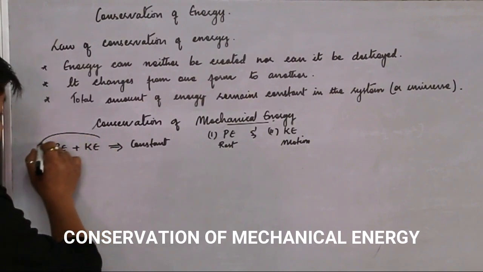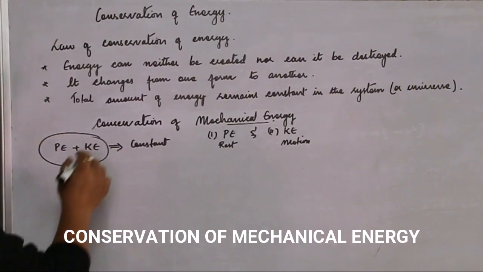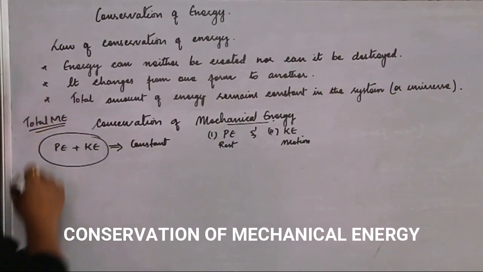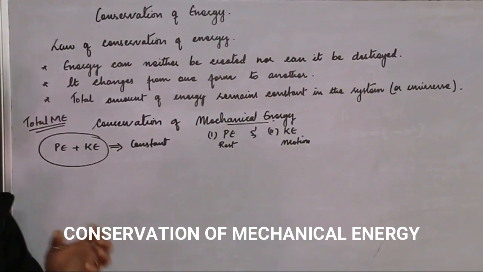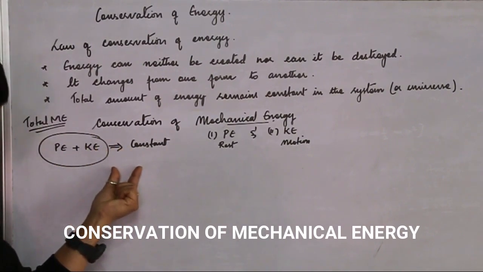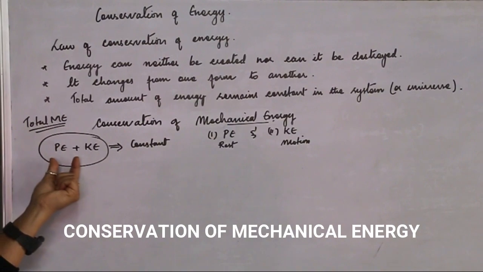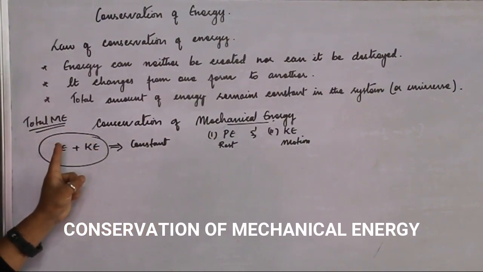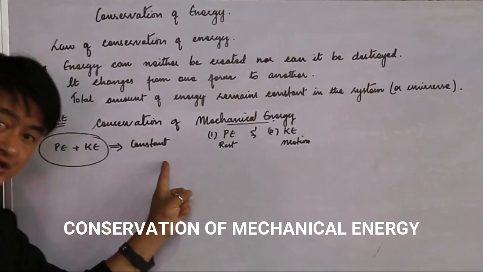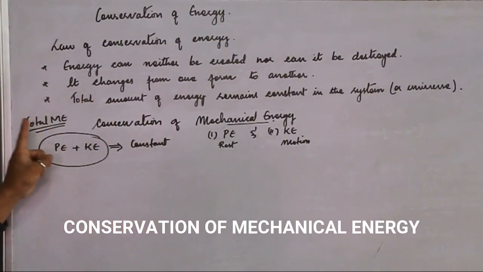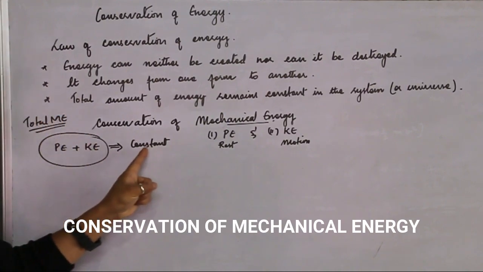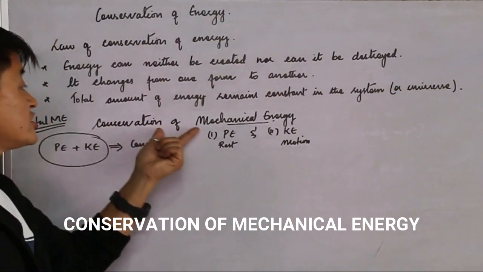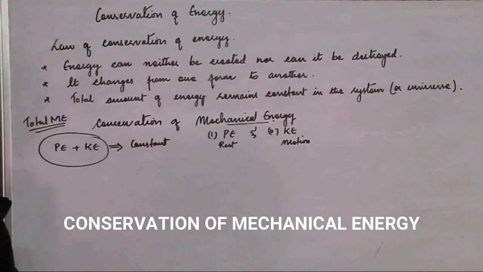This sum of potential energy and kinetic energy is your total mechanical energy. So when there is an interchange of potential energy to kinetic energy or kinetic energy to potential energy only, the sum of the potential energy and the kinetic energy will remain constant. That means the total mechanical energy is always constant, or it is conserved. That is your conservation of mechanical energy.